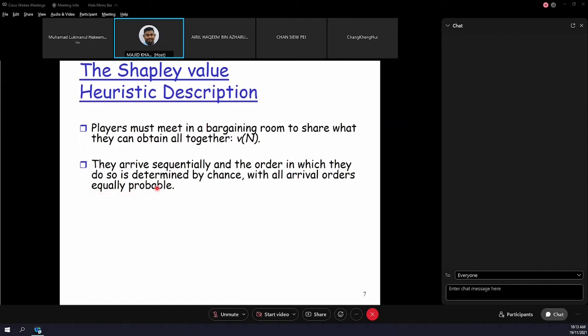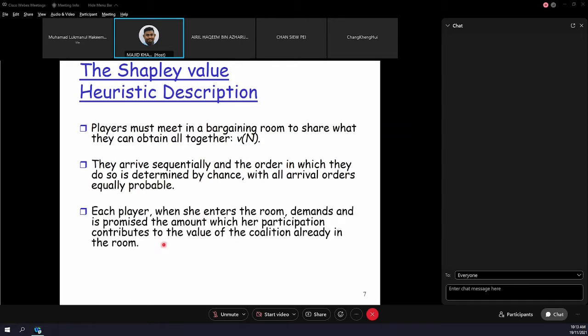Remember, when you want to solve this, you need to have the correct order, because you will have combinations of orders. Next, each player, when she enters the room, demands and is promised the amount which her participation contributes to the value of the coalition.